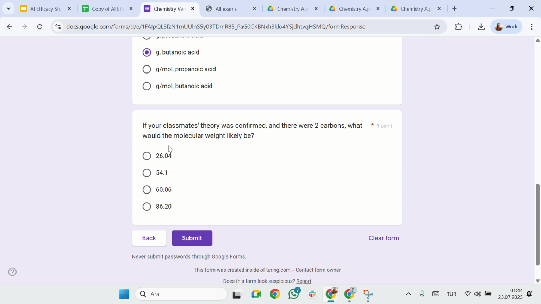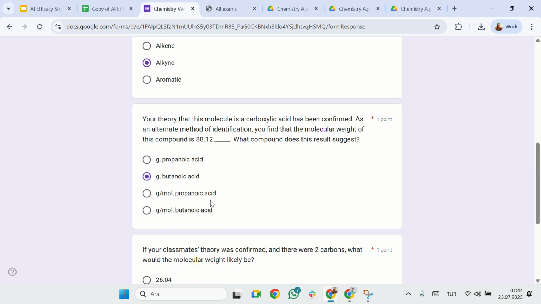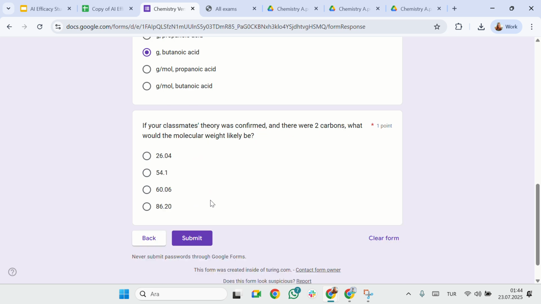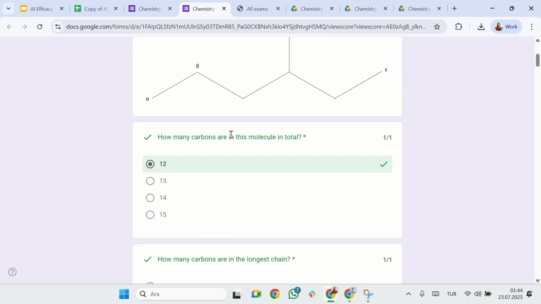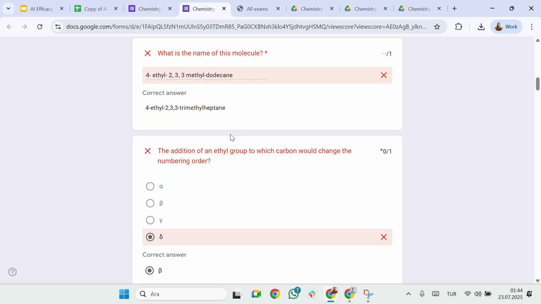No idea. If your classmates there were two carbons, what would be the molecule? Like 812. I'm gonna go with this because I don't know. Okay, let's see. 3 methyl. Oh, okay.